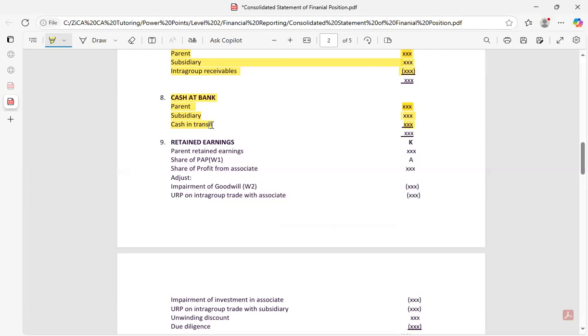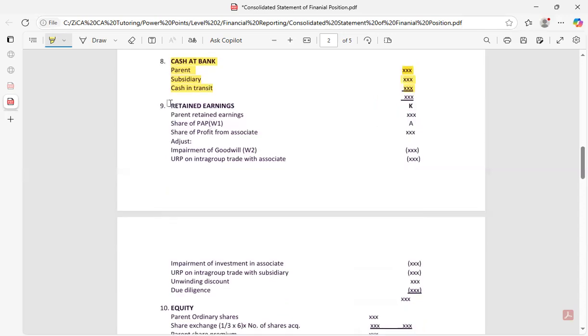So it simply means the payables have reduced. So there's a difference between the intragroup receivables and the intragroup payables. That difference is the cash in transit. And then that cash in transit, you have to add it to the cash at bank.